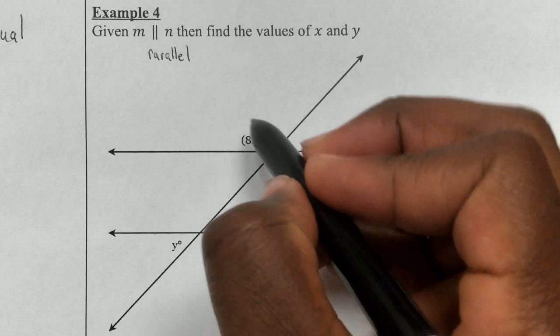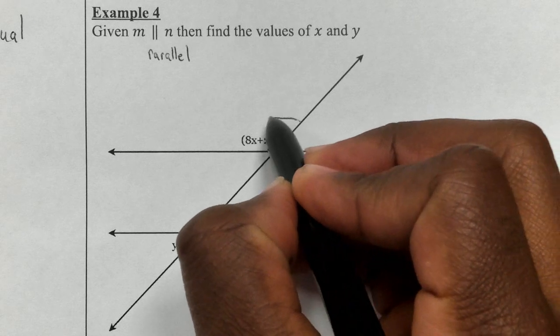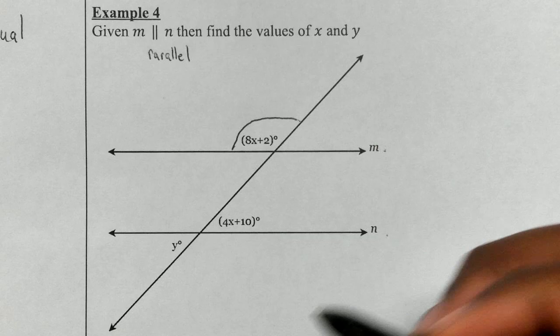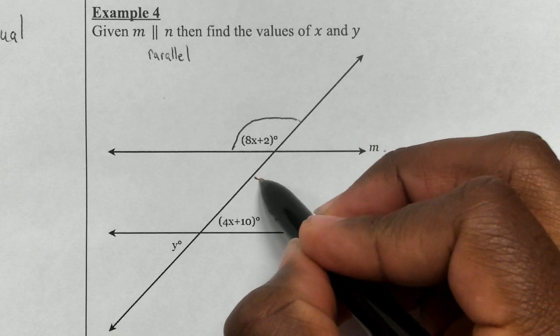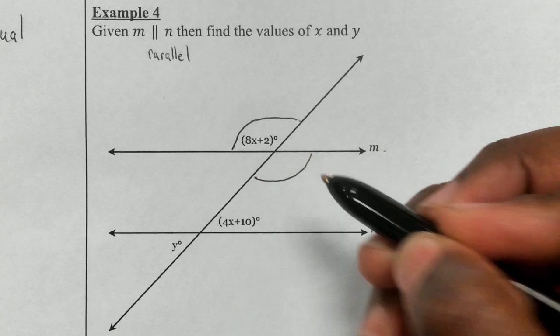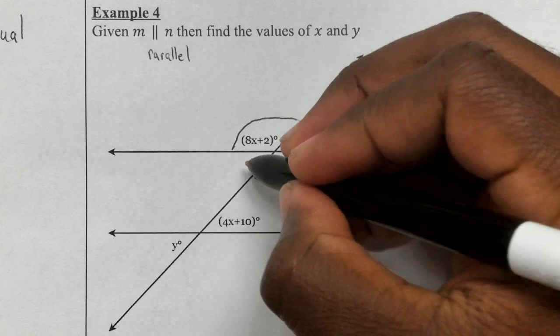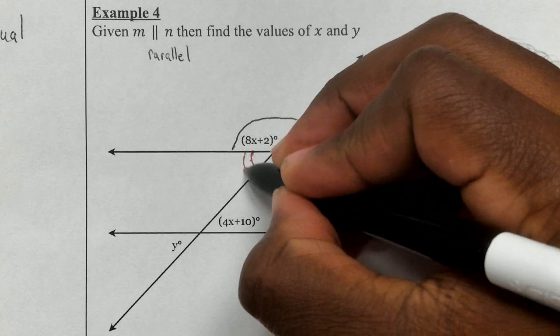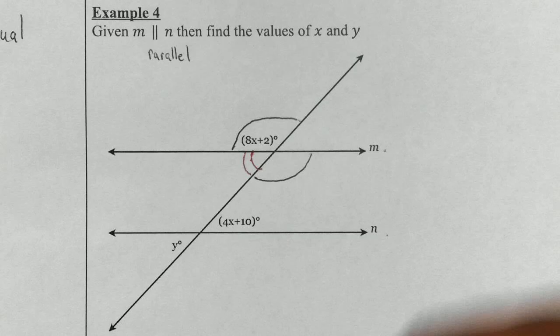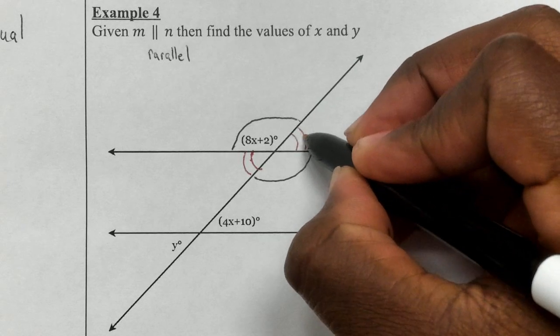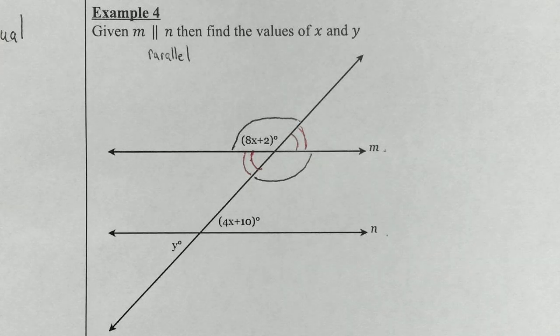The concept is that this angle right here is equal to this angle right here, okay? Those are called vertical angles, similar to what we saw in example 3, okay? This angle right here, I'm going to represent it with 2 strokes, is equal to this angle right here. I'm going to represent it with 2 strokes, okay?